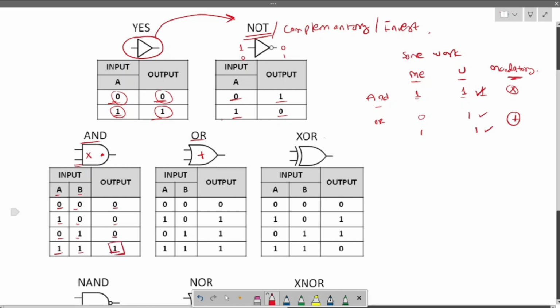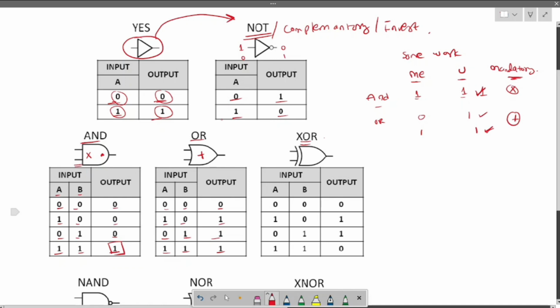This is important. In the same way, 0 plus 0 is 0, 1 plus 0 is 1, 0 plus 1 is 1, and 1 plus 1 is also 1. Right now I have explained this to you.